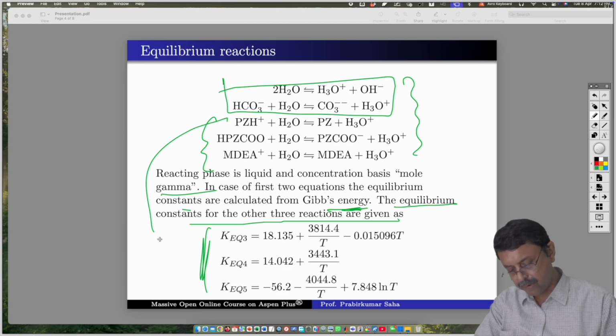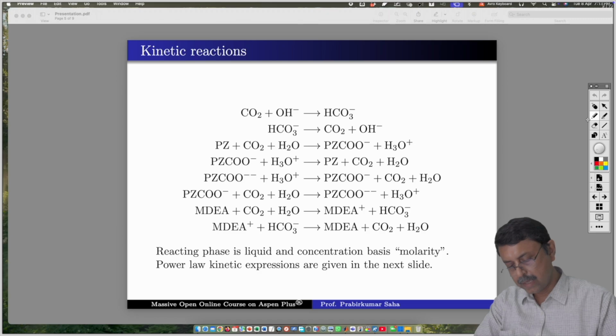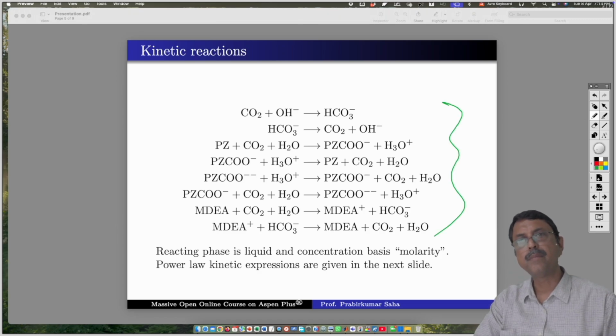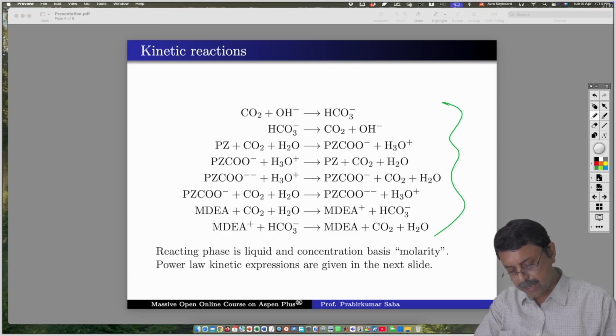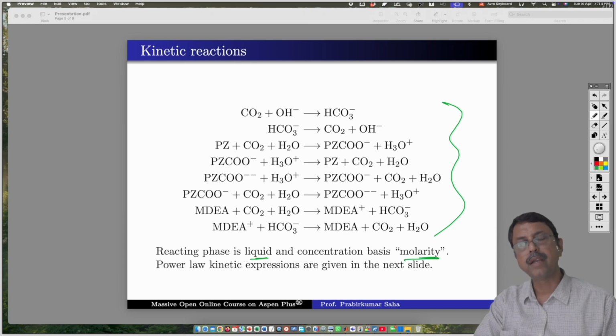So this is for equilibrium reaction 3, this is for equilibrium reaction 4, and this one is for 5. And these are the kinetic reactions. Altogether there are 8 kinetic reactions, and these are also liquid phase reactions, but the concentration basis is molarity. In the earlier reactions it was mole gamma, but for these reactions it is molarity. The power law kinetic expressions are given in the next slide.